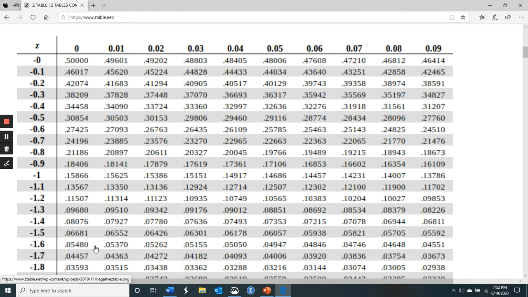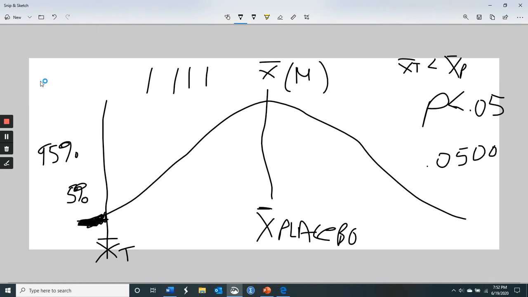Well, what are those two numbers? It's negative 1.64 and negative 1.65, and so in between it is negative 1.645. It's the same number. It's just negative.